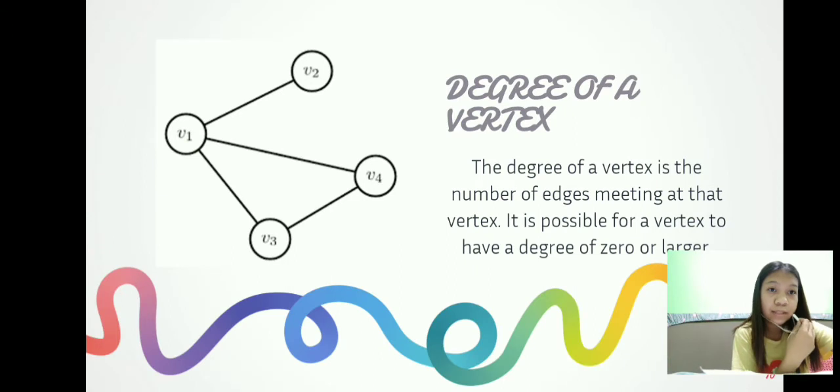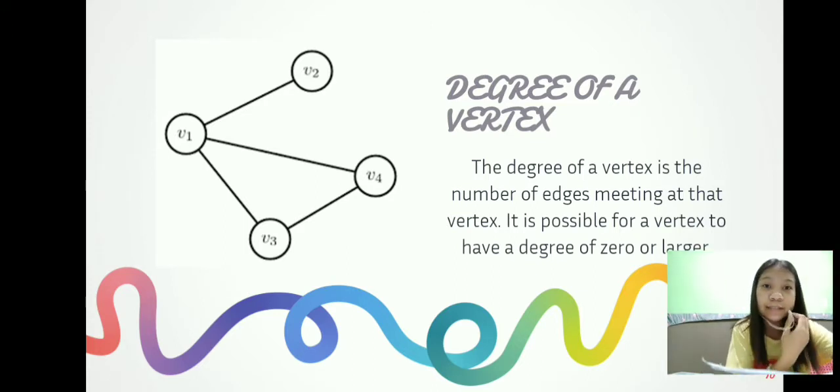Next is, what is the degree of a vertex? The degree of a vertex is the number of edges meeting at that vertex. The degree of a vertex is the number of the edges, which are the lines, meeting at that vertex, which is the dot in the graph.